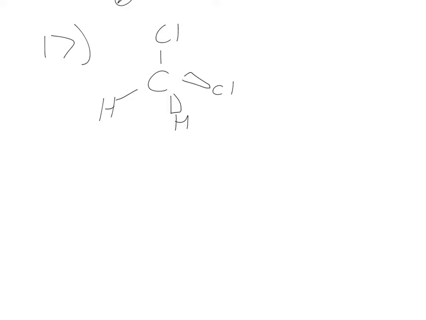Alright, does the molecule have polar bonds? It sure does. That comes from having a strong atom with a weak atom. Carbon's kind of in the middle. It's kind of neutral. It's not really strong or really weak. Hydrogen's kind of like carbon. Chlorine's really strong. So that's going to be a polar bond between the chlorine and the carbon. Chlorine strong, carbon meh. So yes, the chlorine bonds are polar. The hydrogen bonds were nonpolar.